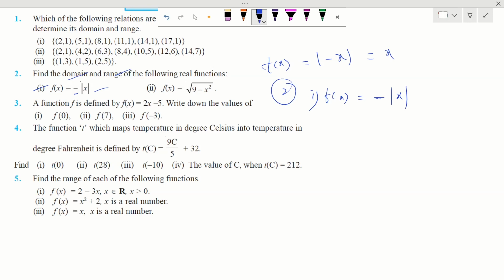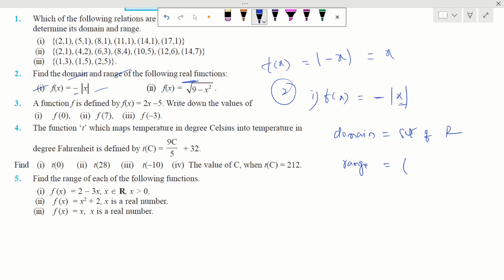Then what are the domain and range? The domain is the set of all real numbers, because x is a real number. What is the range?